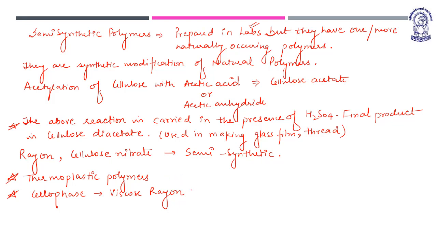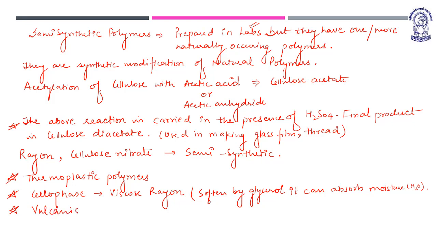The most important property of cellophane is that it can be softened by applying glycerol, and it can absorb moisture, water. Vulcanized rubber is also a semi-synthetic polymer.